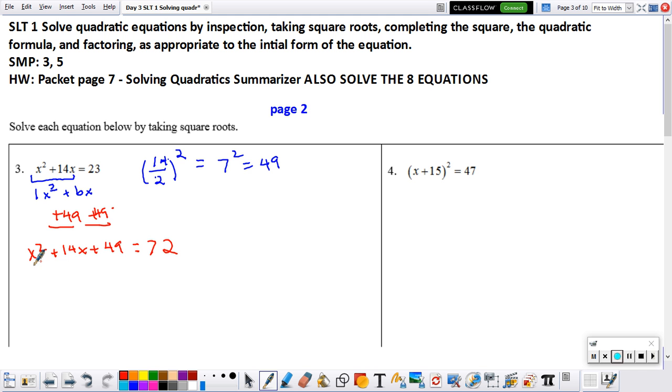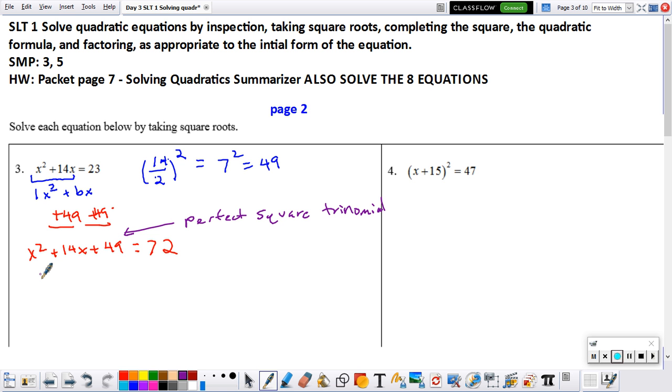So now x squared plus 14x plus 49, I want everyone to write the little arrow. This is a perfect square trinomial. Because it's a perfect square trinomial, what adds to 14 and multiplies to 49? 7 and 7.